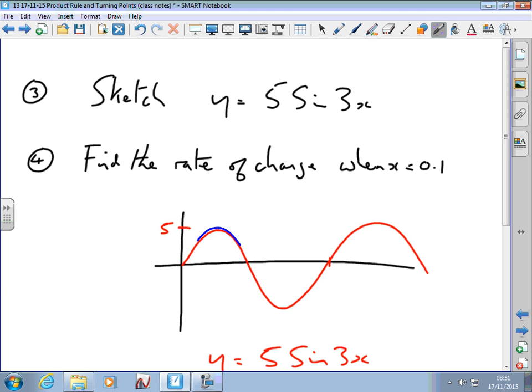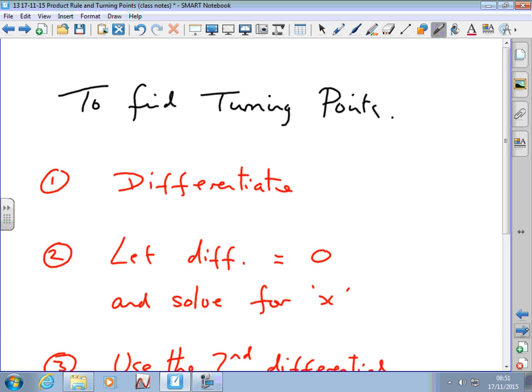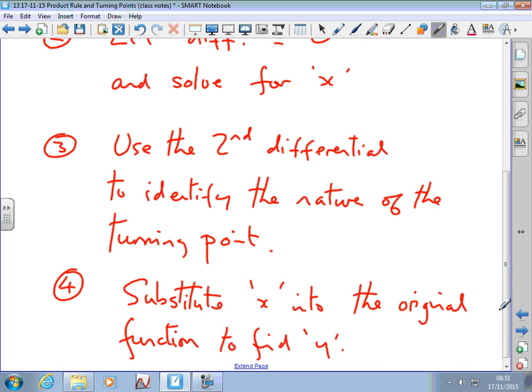If we find the second differential is going from negative to positive, so it's a positive gradient, then that means it's a minimum. We'll look at an example to help us find out the nature of the turning point by finding the second differential.